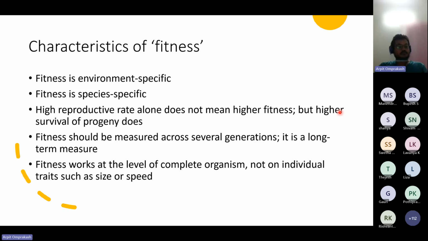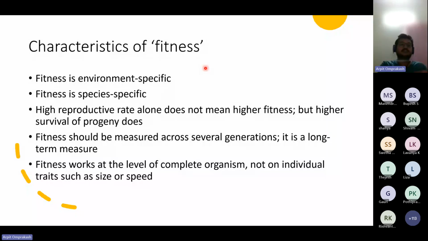Here are different characteristics of fitness. First, fitness is environment specific. So for an organism in a given environment, you have a fitness value. If you take the organism and put it in a different environment, you'll have a different fitness value. For example, a camel, as we talked about, is considered to be very fit in a desert.